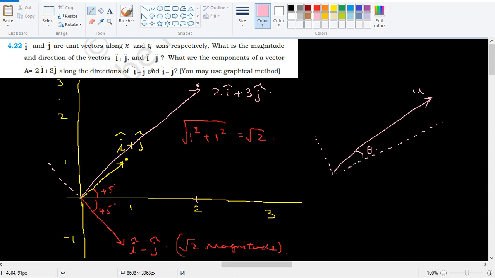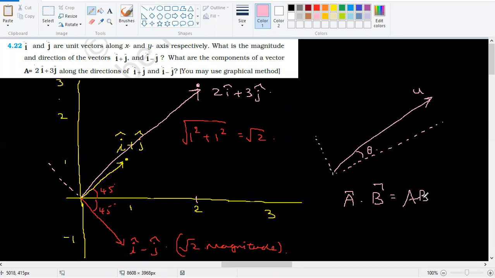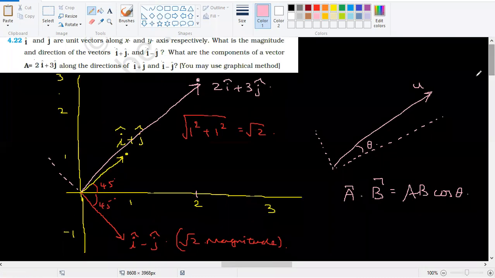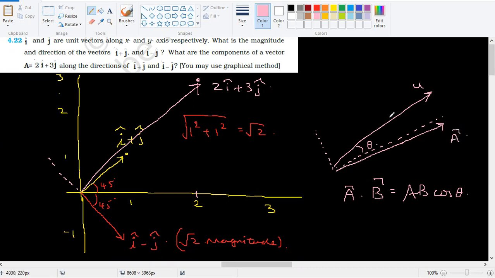Whenever it is components, what comes to my mind is the dot product. The dot product says that a dot b is equal to ab cos theta. What do you mean by that? If this is a vector and this is b vector, b cos theta will be falling on this.